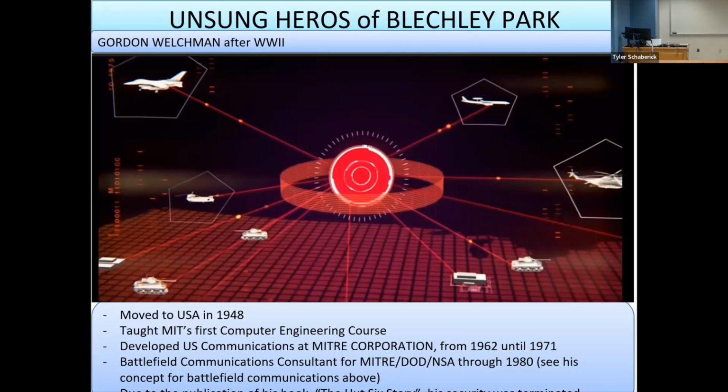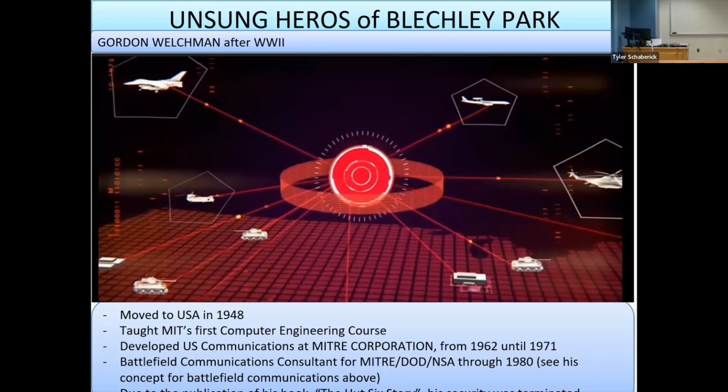So he did a battlefield communication architecture that looks an awful lot like the internet. So he takes this bus in the air, and that becomes the internet of the battlefield, back in 62.